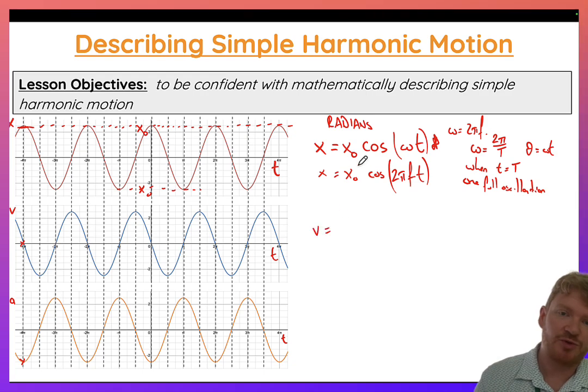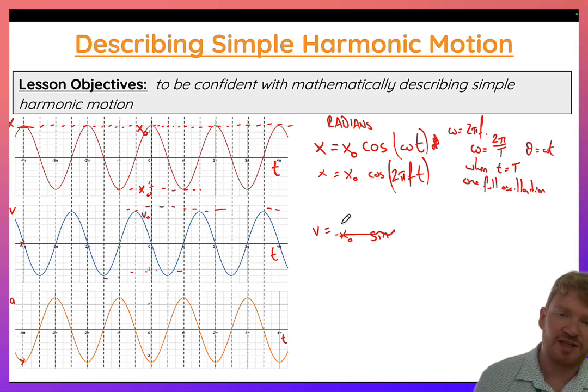Now velocity, we talked before, there are different ways you can do it. You can do it by differentiating this if you're happy with that, or you can just look at it by symmetry. This has the same x naught here, it's proportional to this x naught, but obviously this would be the maximum velocity at different points.